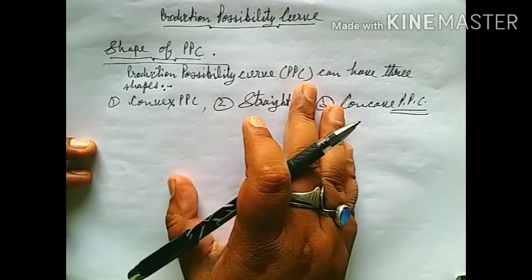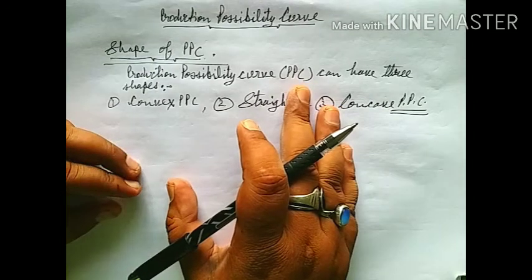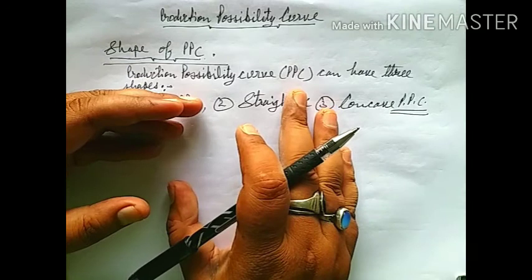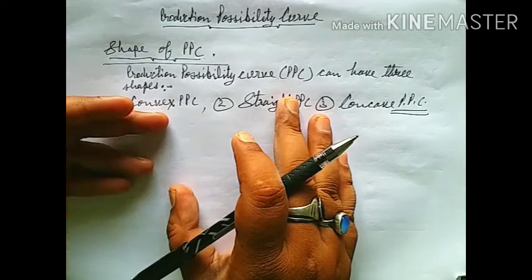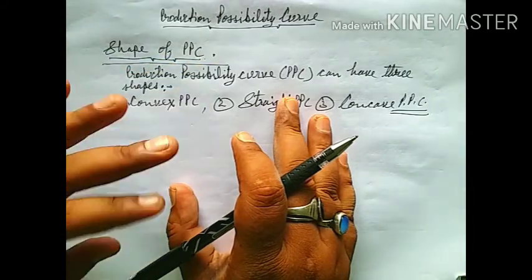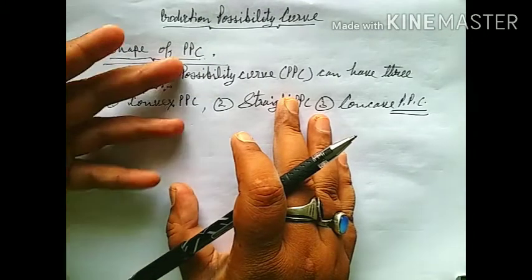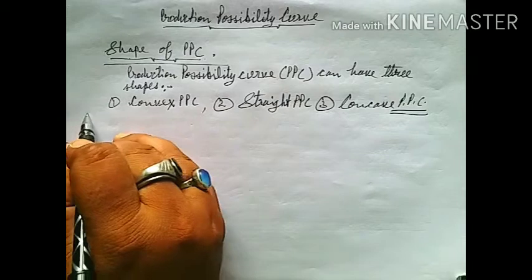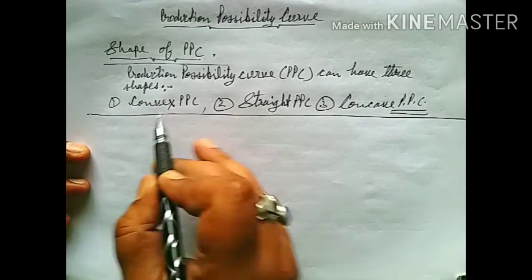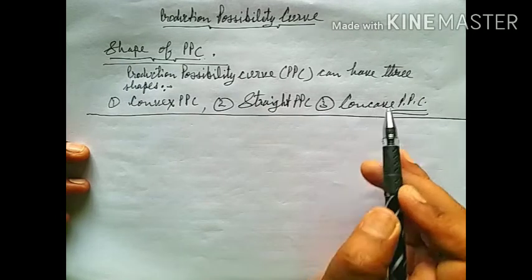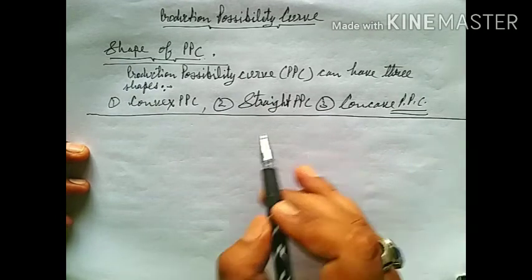So here we can say that a production possibility curve has three possibilities regarding its shape or the slope. Now I will tell you about all these three types of shapes today, one by one.